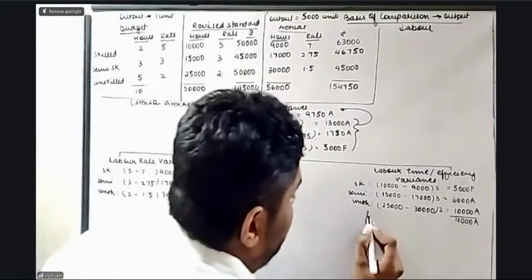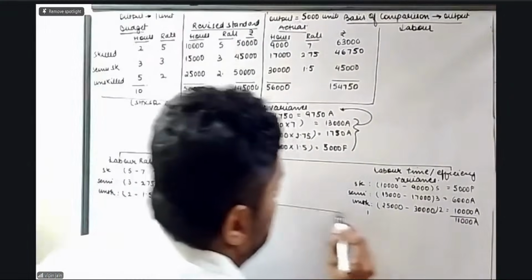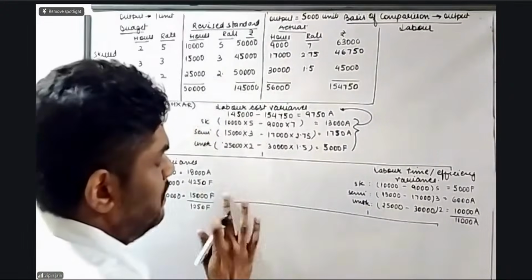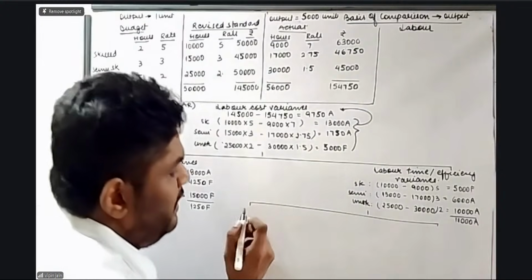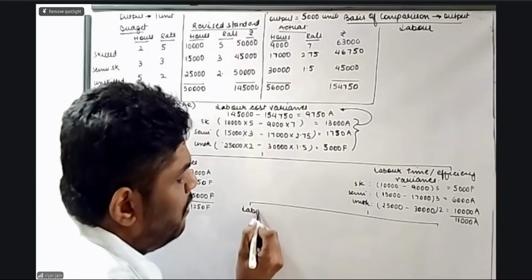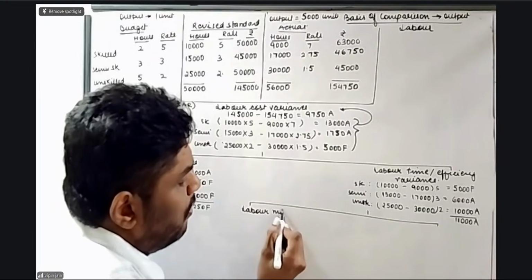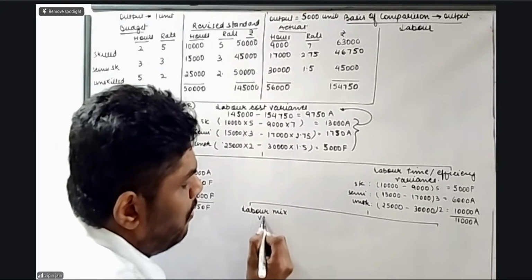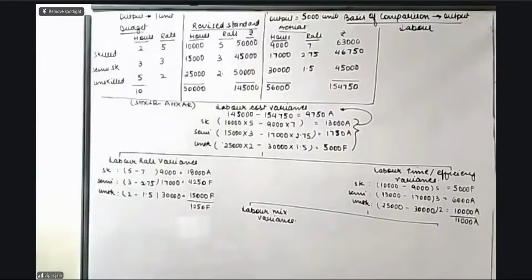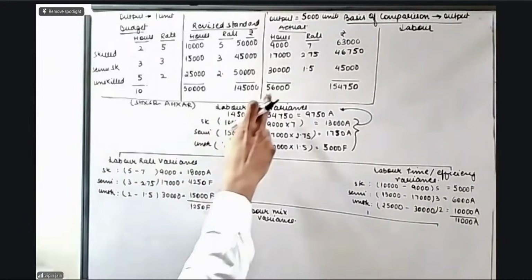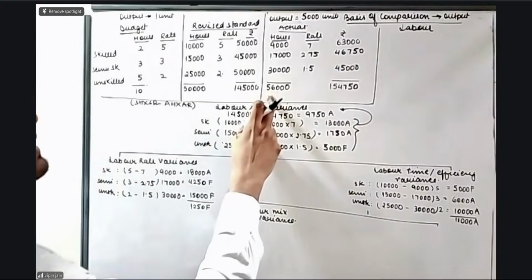So now again, herein also two parts. Herein it was material mix variance, so herein it will be labor mix variance. So 56,000 is the total hours we worked.